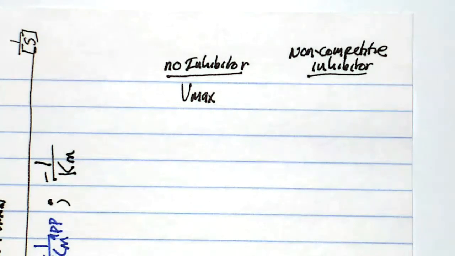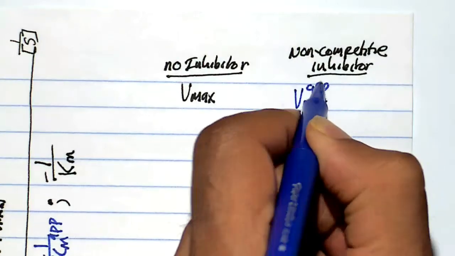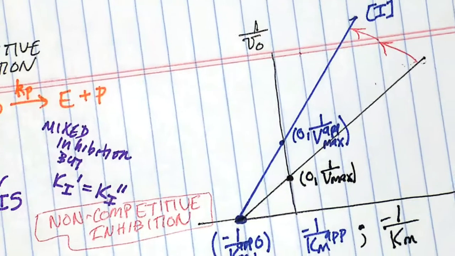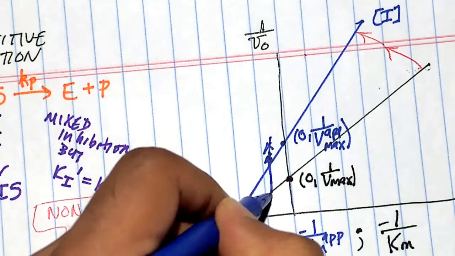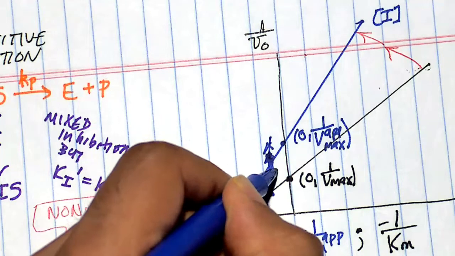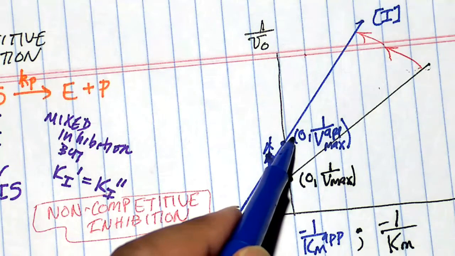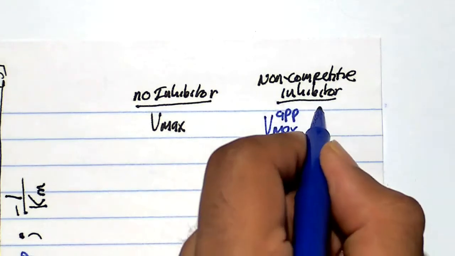In the presence of a non-competitive inhibitor, we have apparent V sub max. Looking at our graph, if 1 over V sub max has gone up by this much, that means V sub max has gone down by that same amount. So 1 over V max goes up, V max goes down, so the apparent V sub max has gone down.